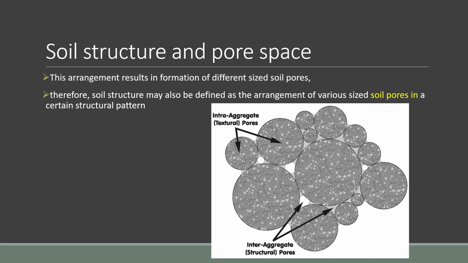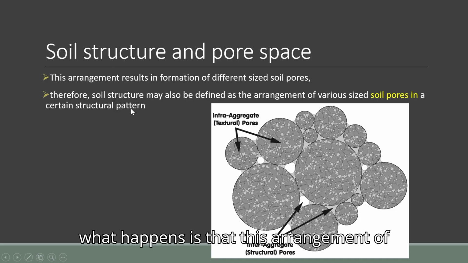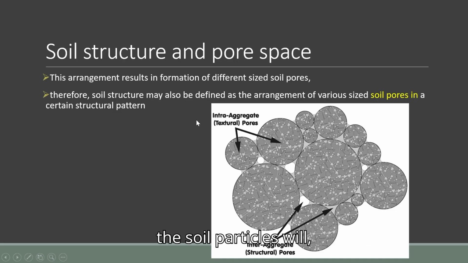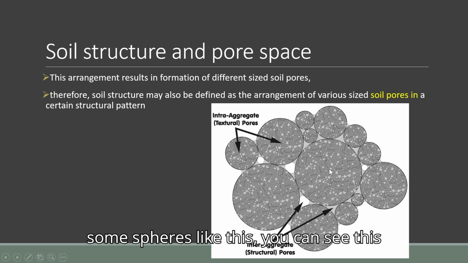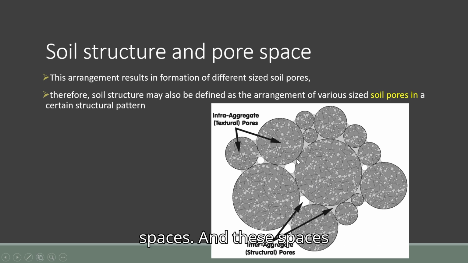What happens is that if these soil particles are arranged in any way, there will be some spaces between the particles. This is for sure. If we arrange some spheres like this, you can see these spaces, and these spaces constitute the soil pore.